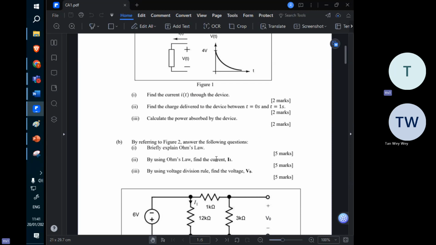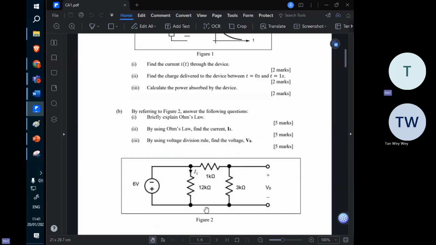Part 1. Refer to figure 2. But part 1 actually has nothing to do with figure 2. Part 1 asks you to explain what Ohm's law is. To me, these are the given marks, because you can always ask AI to explain to you, right? What is Ohm's law?